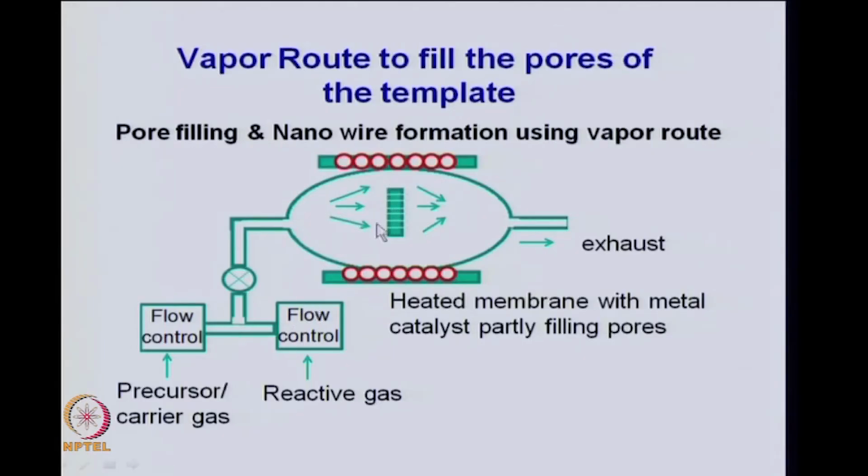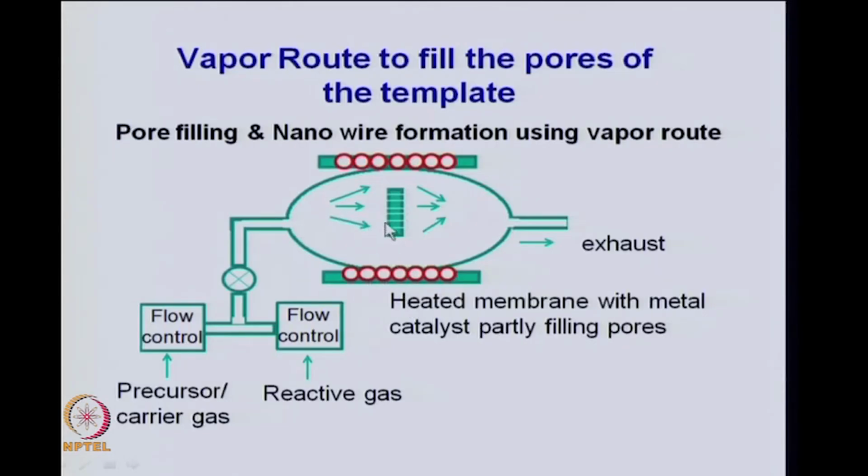So, if I do that, and when it is falling here on the membrane, it is already being heated. So, reaction takes place and the nanowires or nanotubes form, and the remaining gases will all be taken out through an exhaust here. So, the solid particles form at high temperature, because this is being heated.